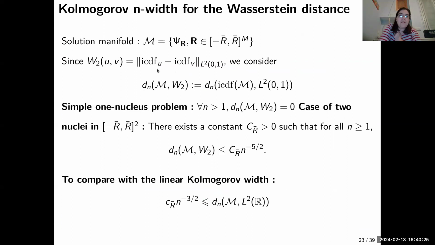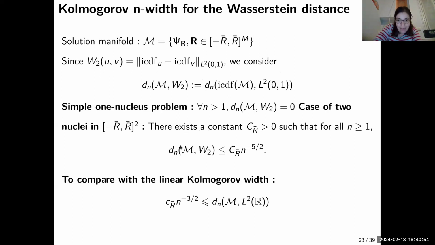So more precisely, I can define a Kolmogorov n width of my solution set associated to the Wasserstein metric. I can define it as the Kolmogorov n width of the set of ICDFs of my solution set with respect to the L2 of (0,1) metric. And the question is, if I now consider this type of modified Kolmogorov n width adapted to this Wasserstein metric, do I obtain better rates of decay?